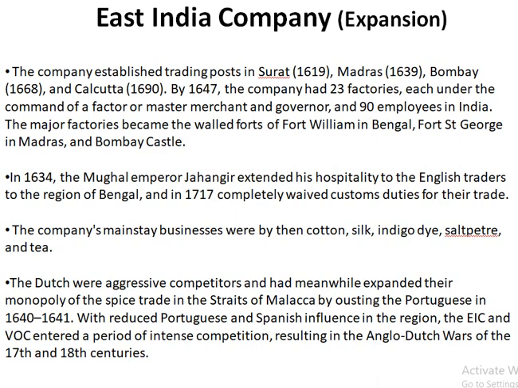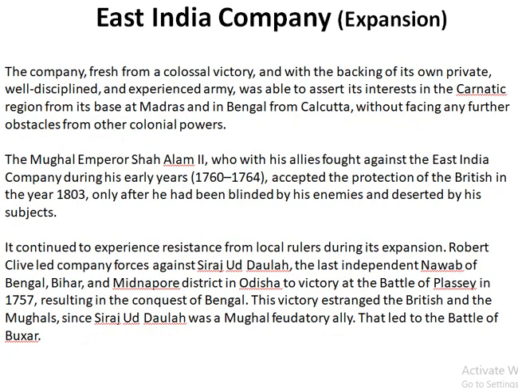The VOC was a company of the Dutch who were already trading there, but there was a fight between the British and the Dutch, and these fights continued for a long time until the British maintained their supremacy over the Mughal Empire or over the Indian Empire.